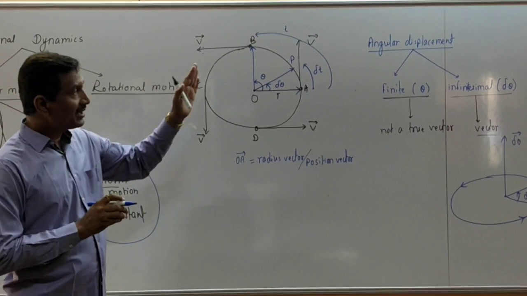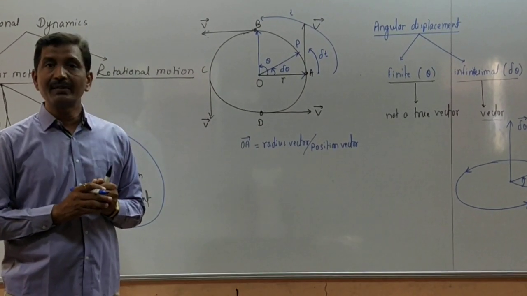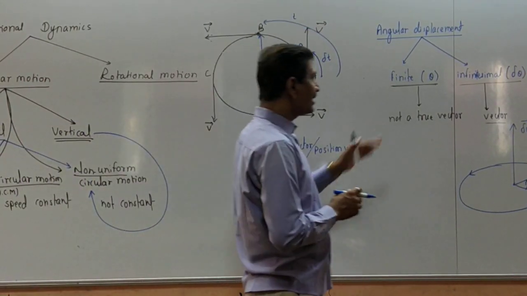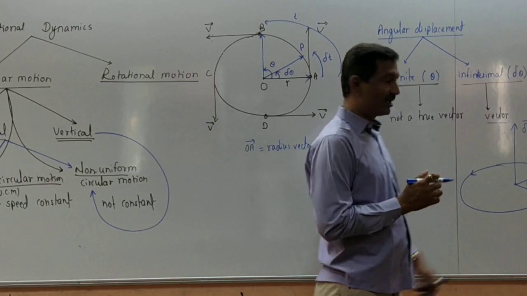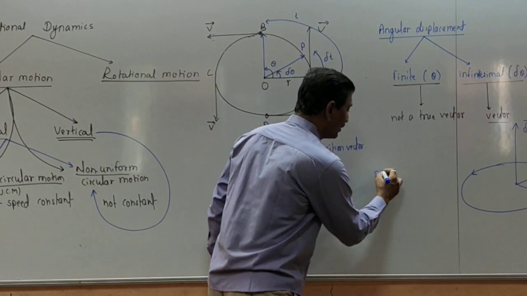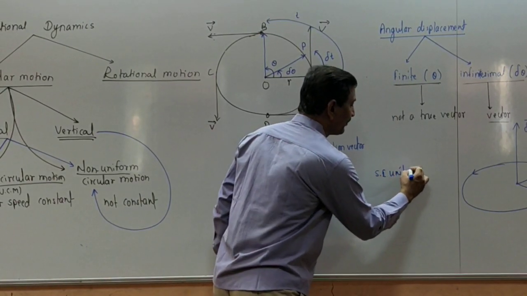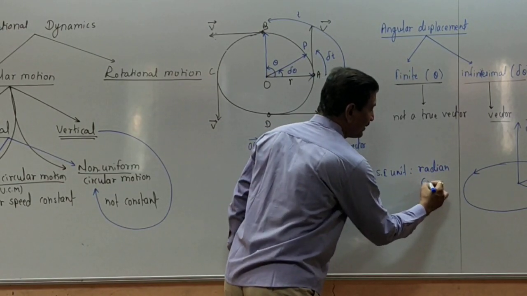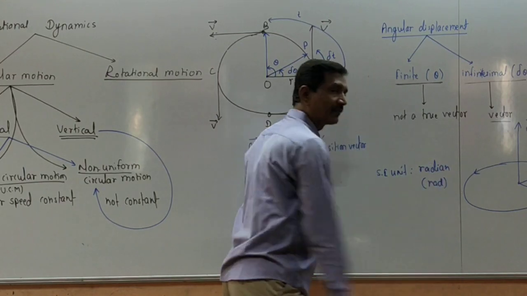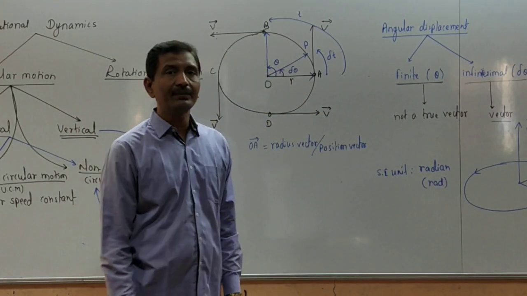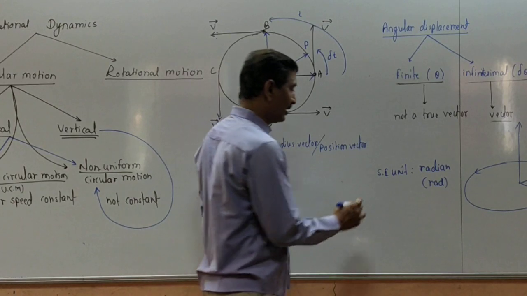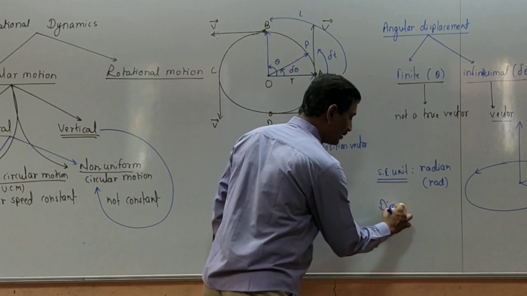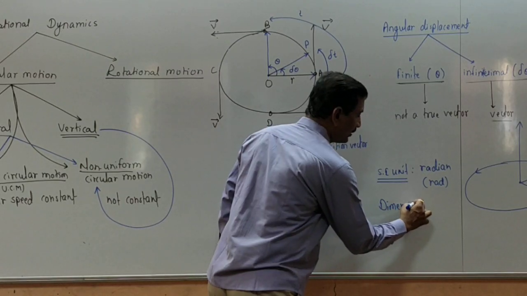So what is the SI unit of angular displacement and what is its dimension? As it is an angle, its SI unit is radian, abbreviated as rad. And what is the dimension of angular displacement?